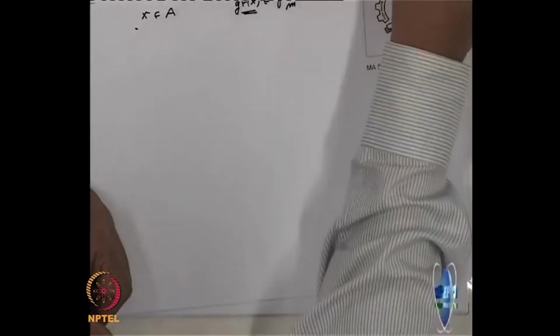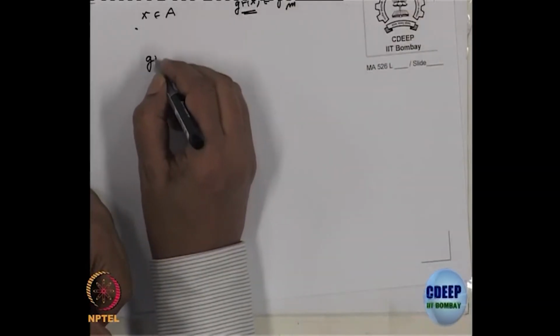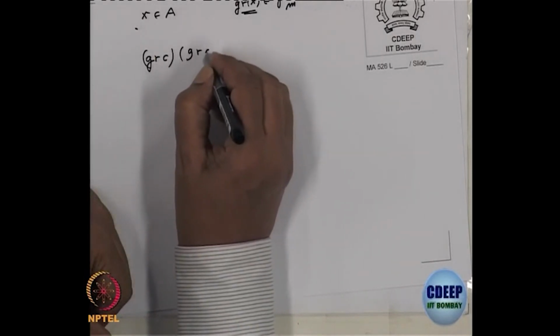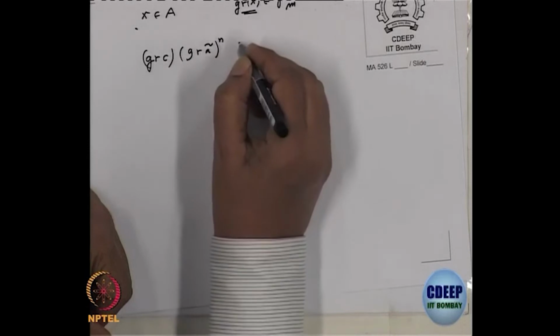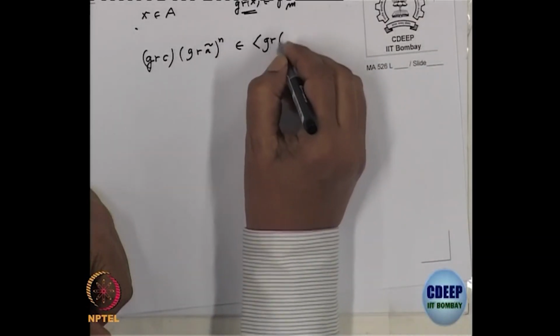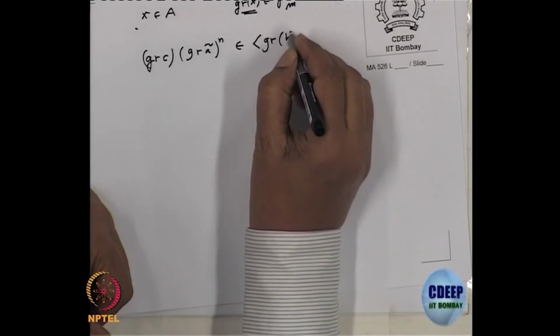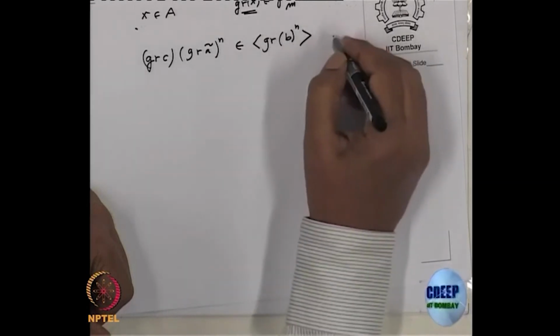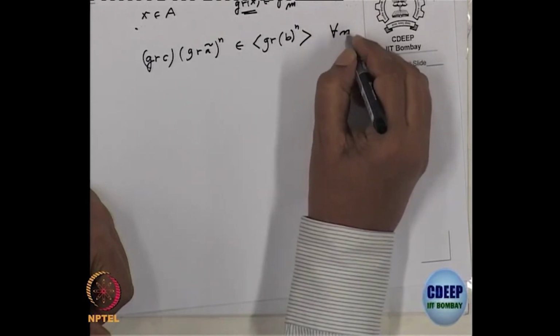So when I have this equation, GR C times GR A tilde power n will belong to the GR ideal generated by GR B power n, and this is true for every n.